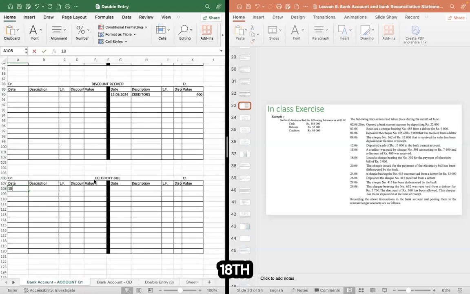So it is 18th June 2024. So bank account, we have issued the check. It is 302 check number. Guys, help me out. It's 5,000. Okay, then double entry completed.